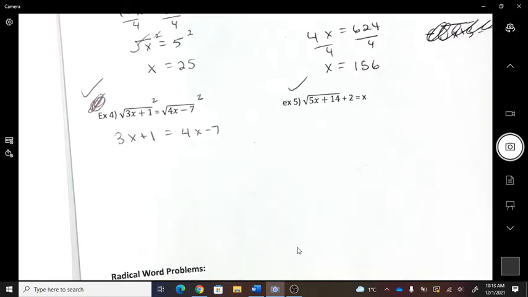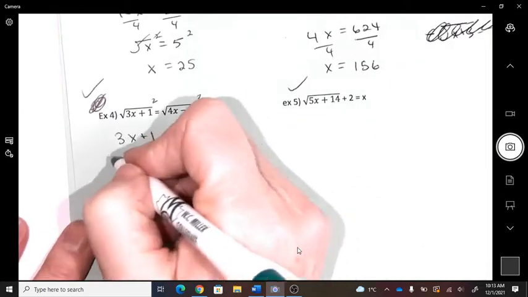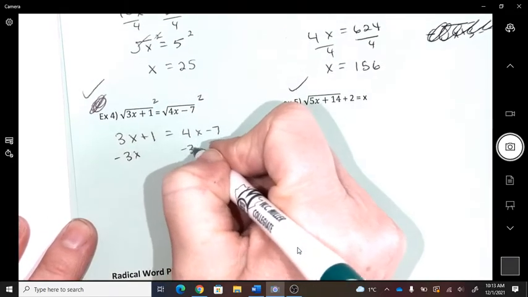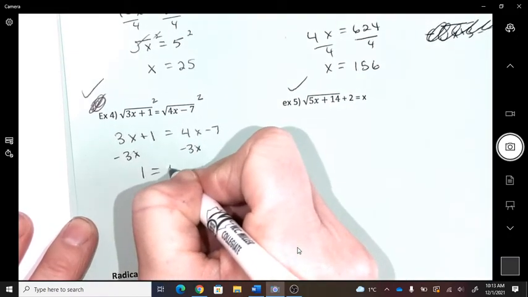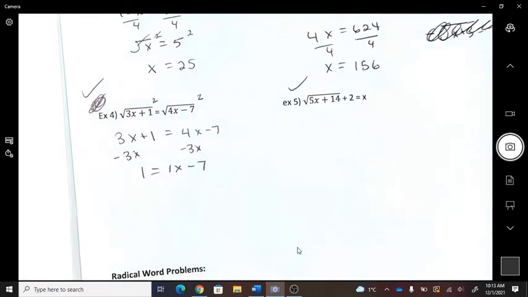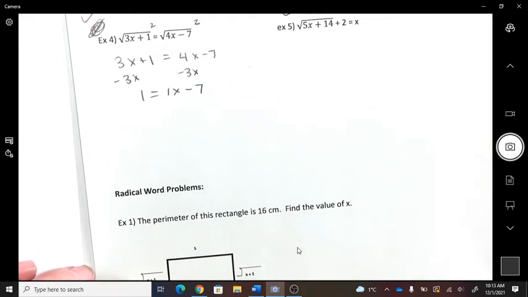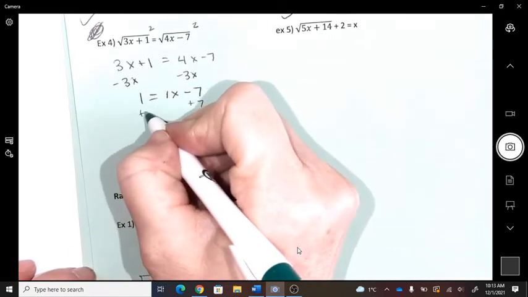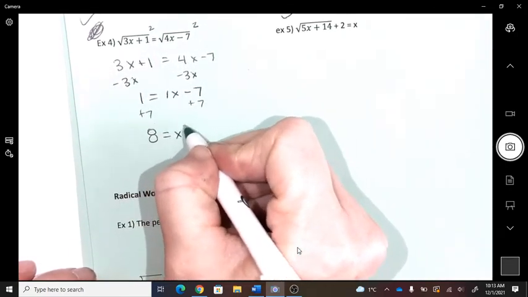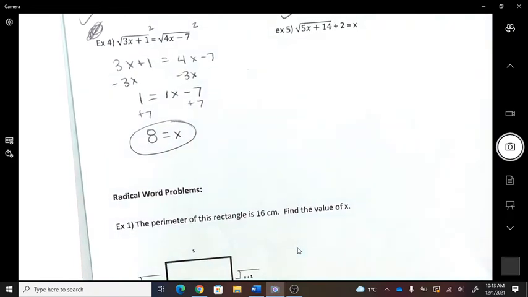So which side do you want to get rid of x's? Move the 3x. Once my x's are on one side, then get rid of the number.